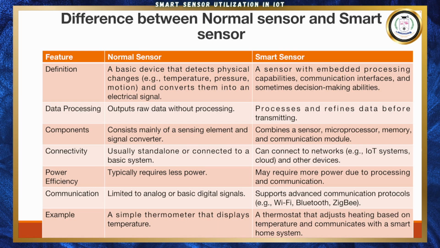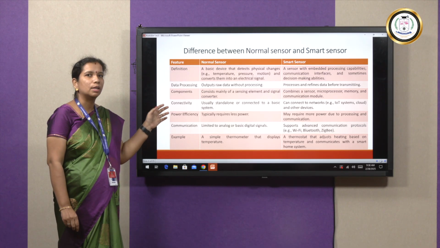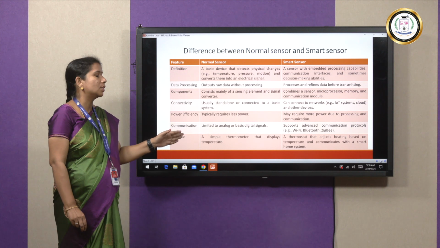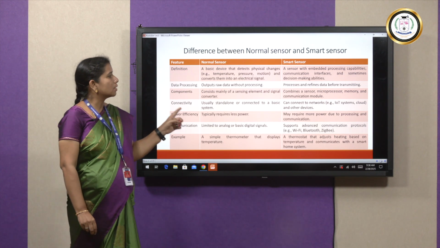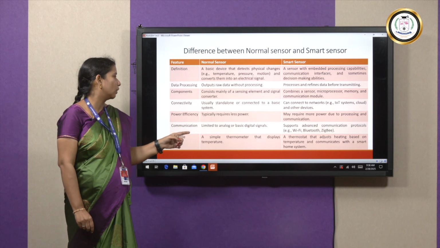Based on connectivity, a normal sensor is a standalone device, but a smart sensor is connected to IoT devices, through which it can communicate with other devices. For communication, a normal sensor uses only analog or basic digital signals, but a smart sensor uses Wi-Fi, Bluetooth and Zigbee technologies.